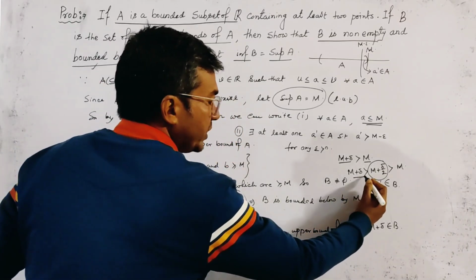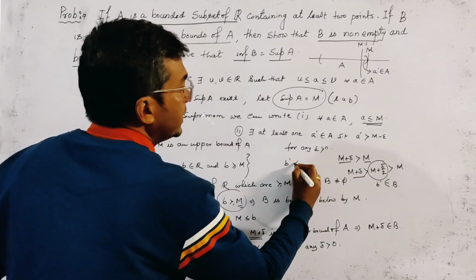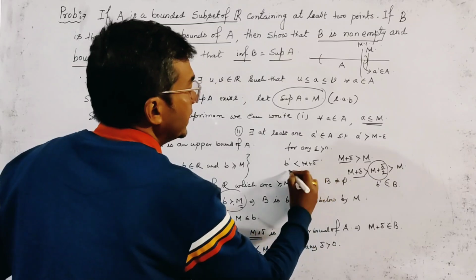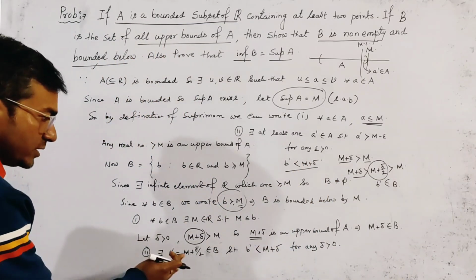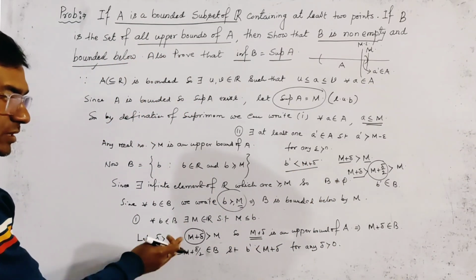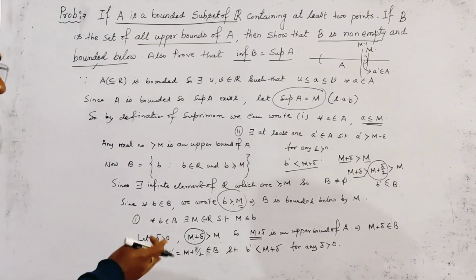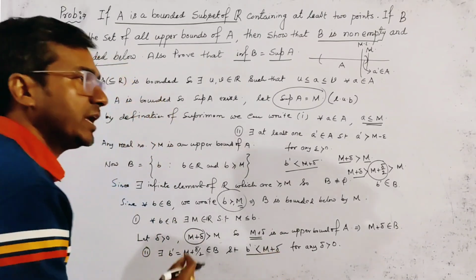We already proved here b dash less than M plus delta. And obviously this is the second property of the definition of infimum. Okay, this is the second property of infimum.